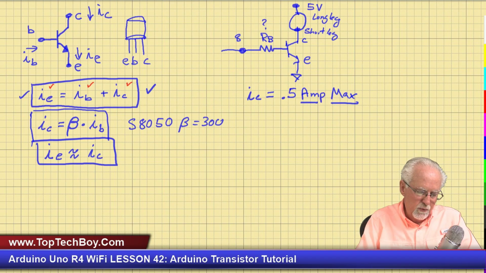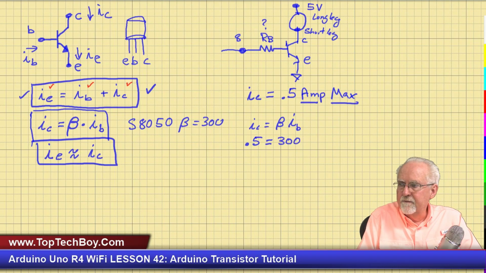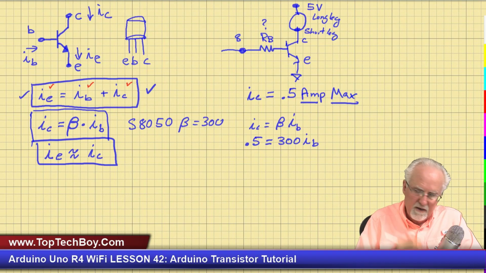Now, what else do we know? We know that the collector current is equal to beta times the base current, and we know that the collector current that we want is 0.5, and we know that beta is 300, and that's multiplied by the base current. Now what can we do?